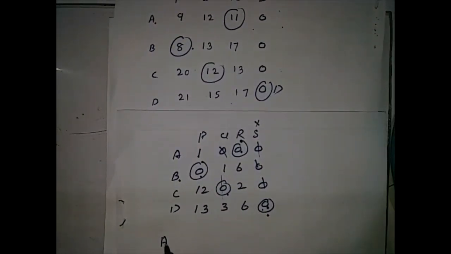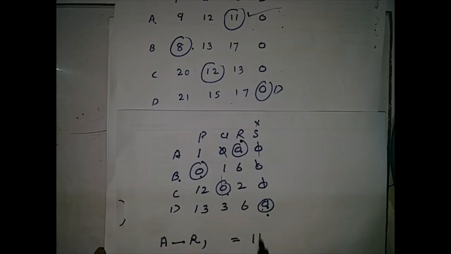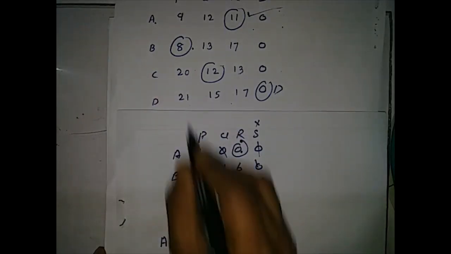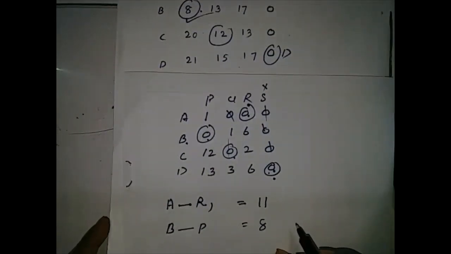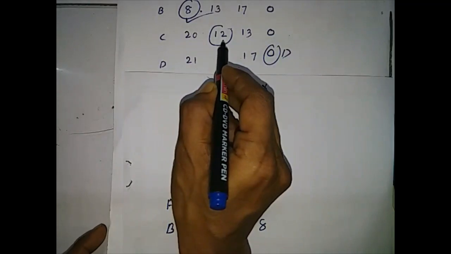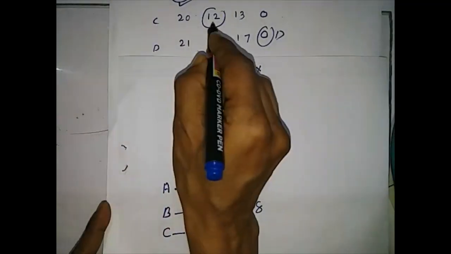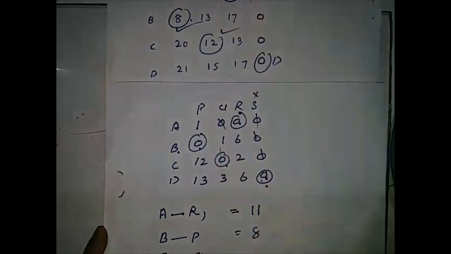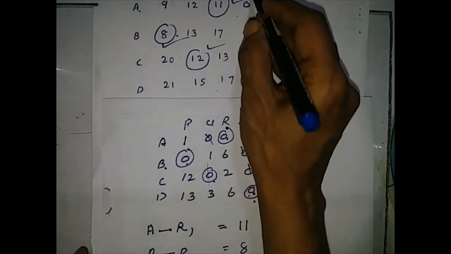So the job A goes to R, the job B goes to P, the job C goes to Q. D is not allocated to anyone because this is not given in the question.